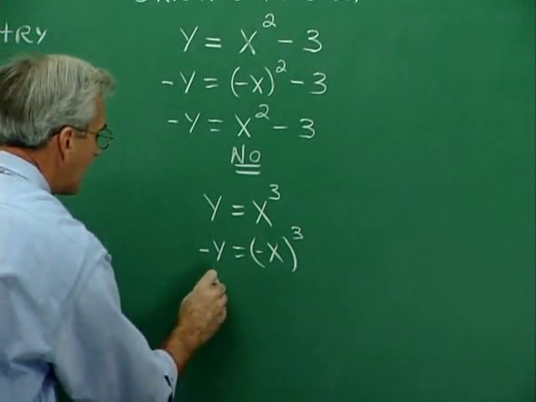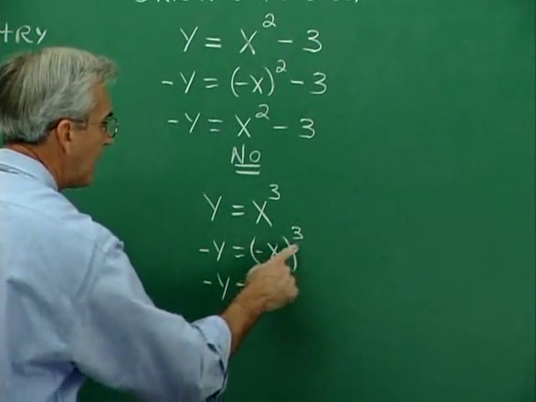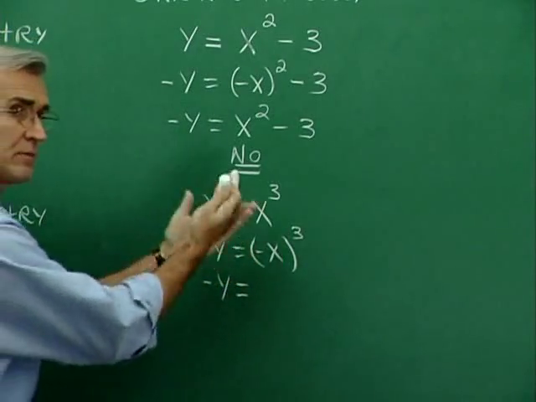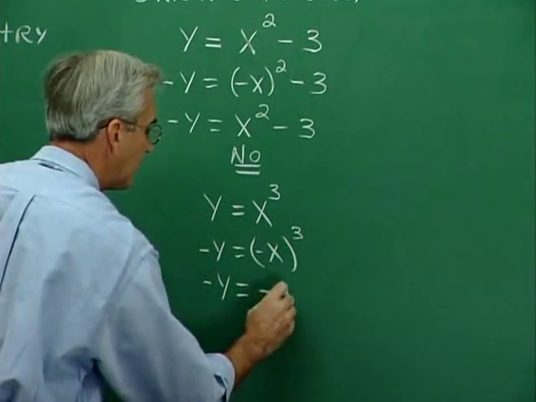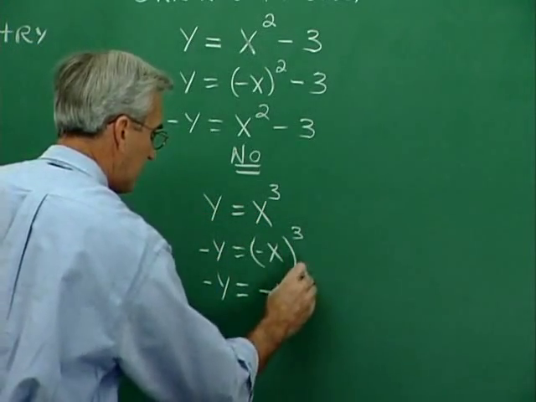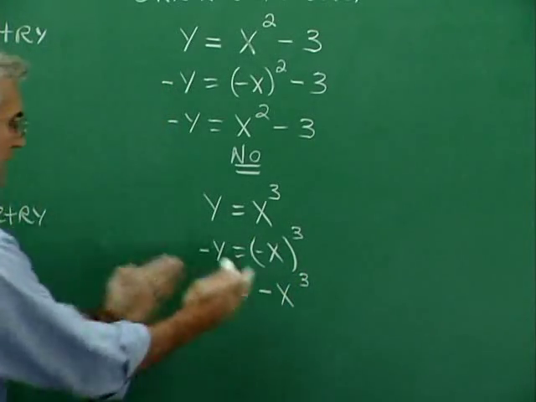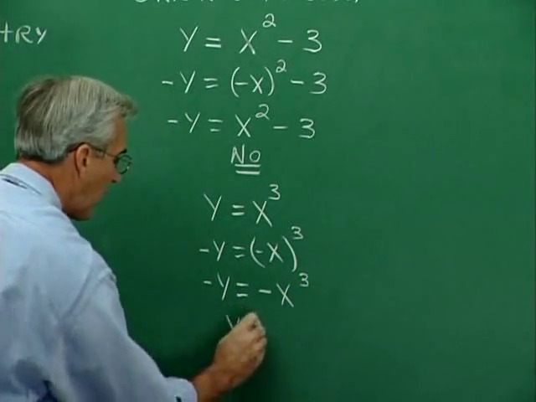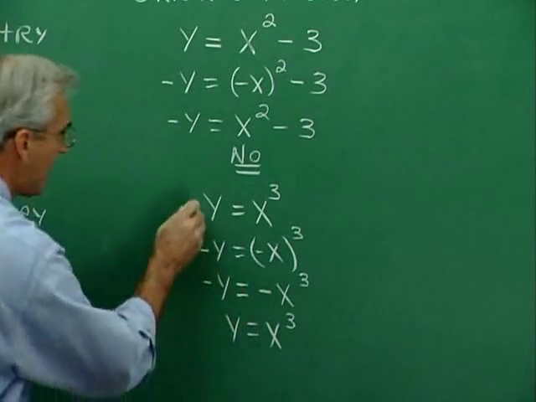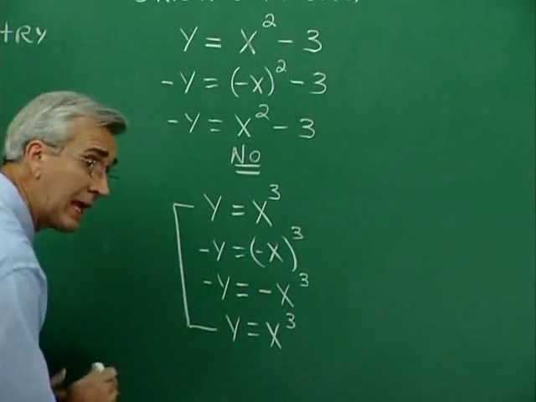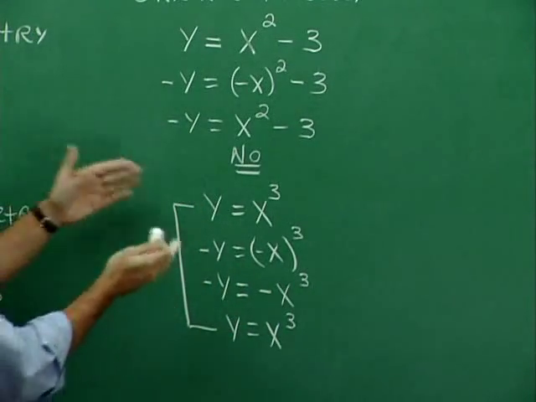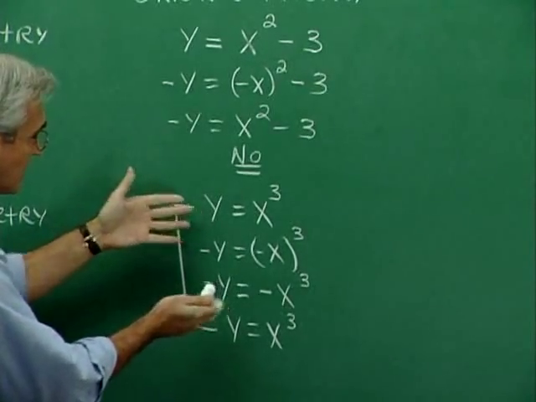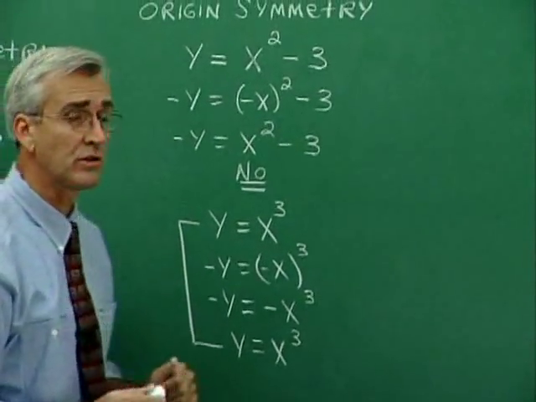Well, let's see. We have negative y equals, now negative x cubed. Negative x times negative x times negative x. Well, that's just negative x cubed. That's this. Multiply by negative 1 on both sides, and we have y equals x cubed. Oh, happy day. These look exactly alike, and therefore we're determining that, yes, the graph of this equation is symmetric to the origin.